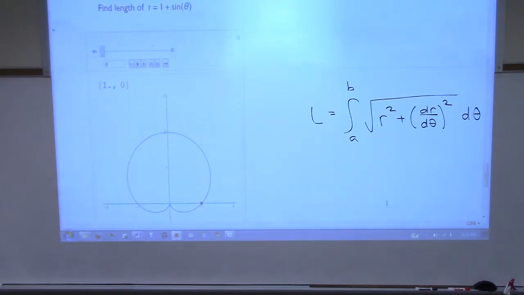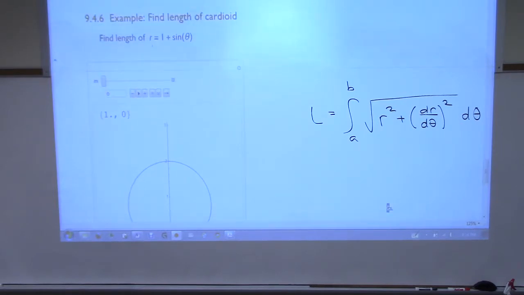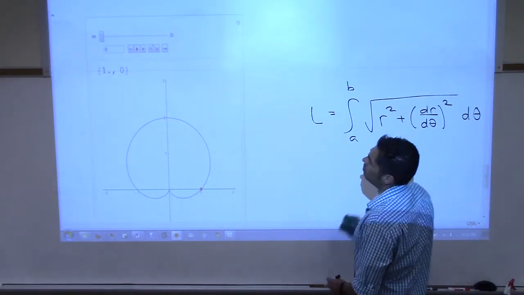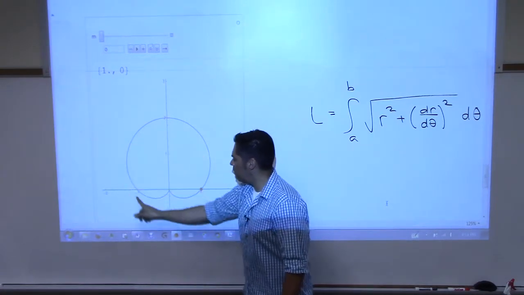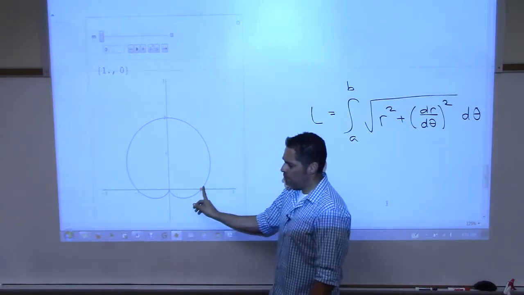Now, I could do that one right there, but this is done in the book. And what they do is they set up the whole thing. Let's not be lazy. All right, if I want to draw this cardioid, it starts here, it draws it. Do y'all remember how long it took to draw the whole thing? What the interval was? It was 2 pi for this one, right?